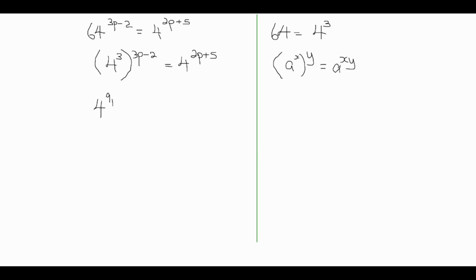We have to remember we're multiplying 3 by 3p minus 2. Alright, so what did we do? We multiplied this. And once you remember distributive law, expanding brackets business, we would be able to work that out and we would get the answer.